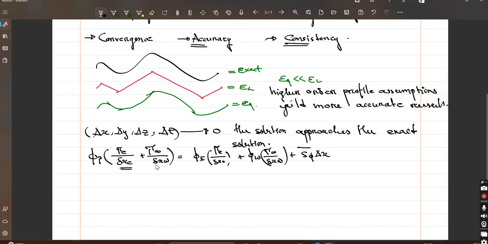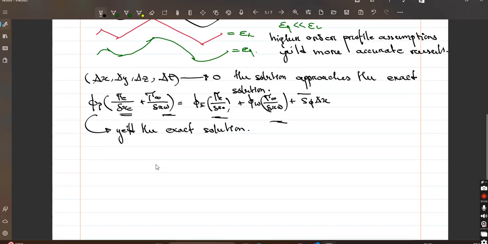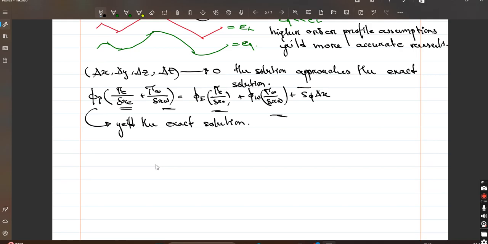So when these delta x terms become very small, this equation will yield the exact solution. Okay. But you can very nicely see that when these things go to 0, our truncation error term will also go to 0, right?